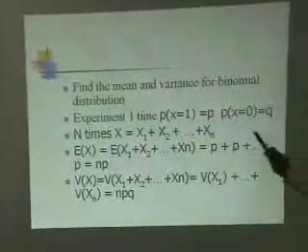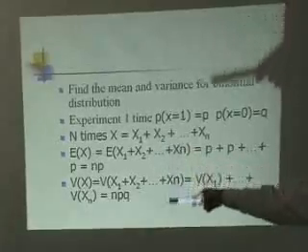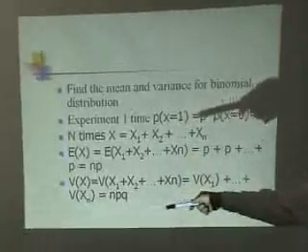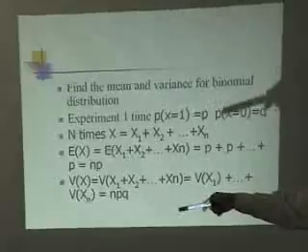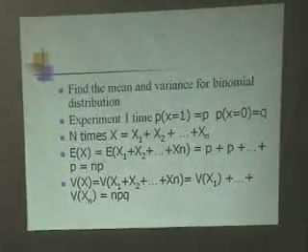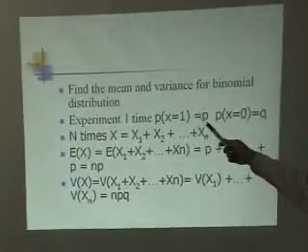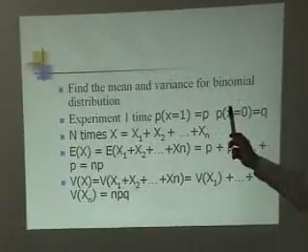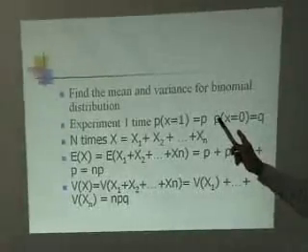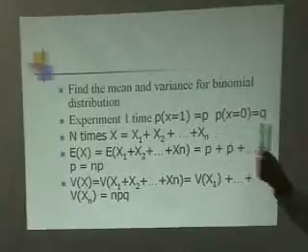If you have an experiment only one time, P(X=1) is equal to p, and P(X=0) is equal to q. If you do the experiment only once, that's what we call a Bernoulli trial.